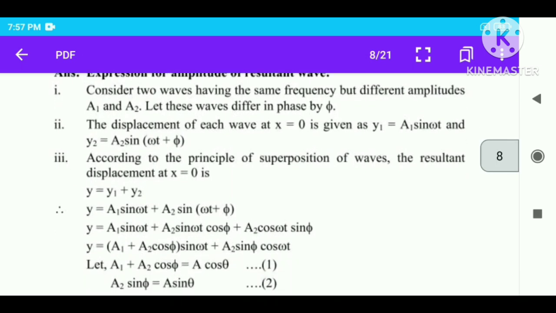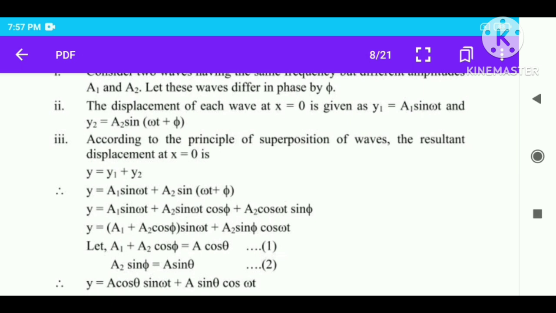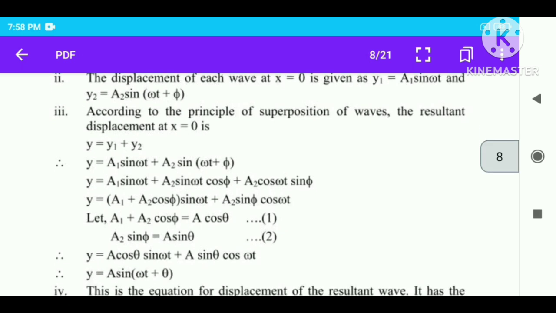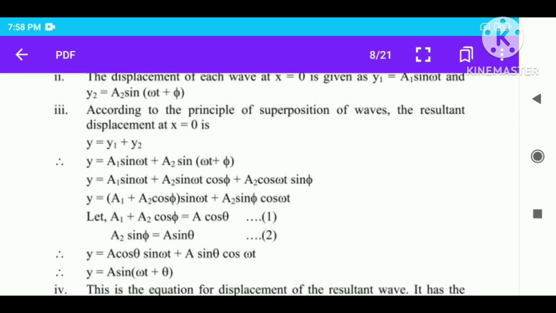Second, the displacement of each wave at x is equal to 0 is given as y1 is equal to a1 sin omega t and y2 is equal to a2 sin into bracket omega t plus phi. Third, according to the principle of superposition of waves, the resultant displacement at x is equal to 0 is y is equal to y1 plus y2.